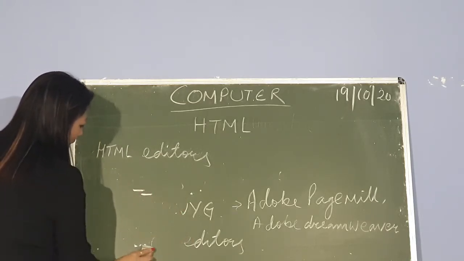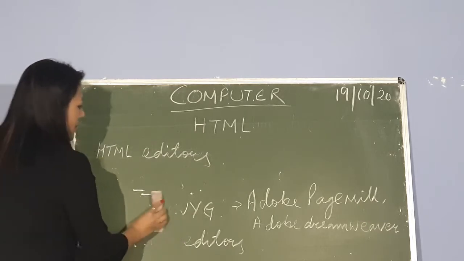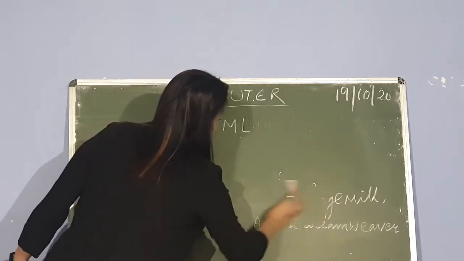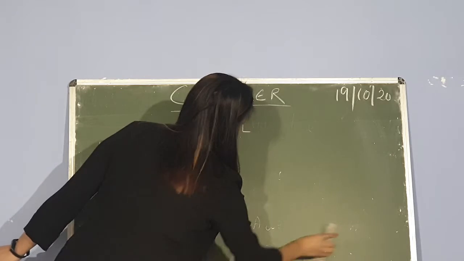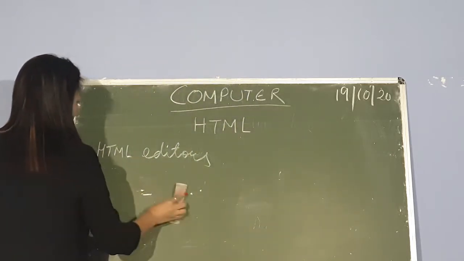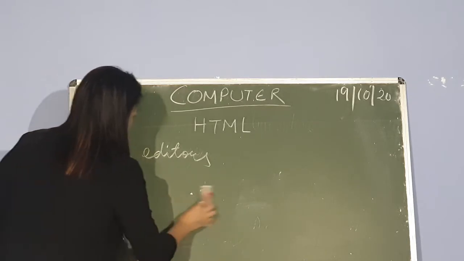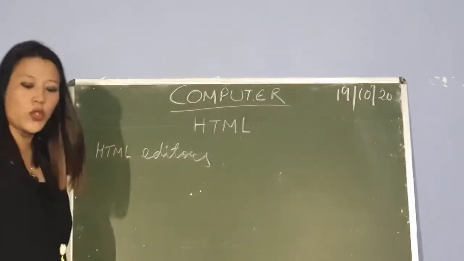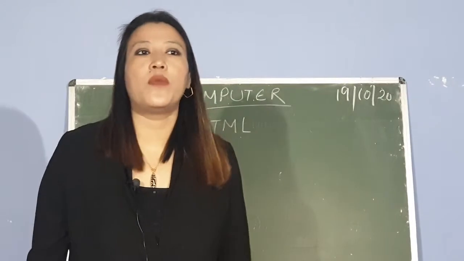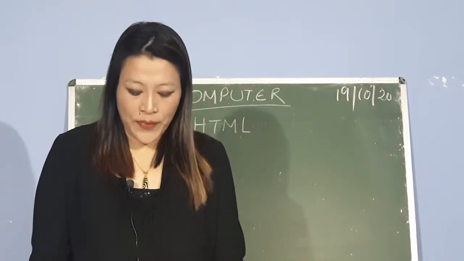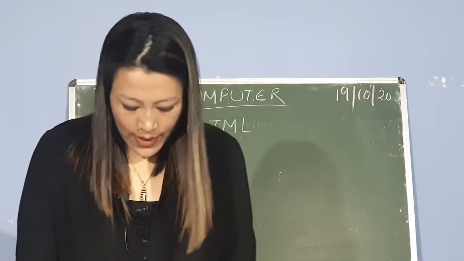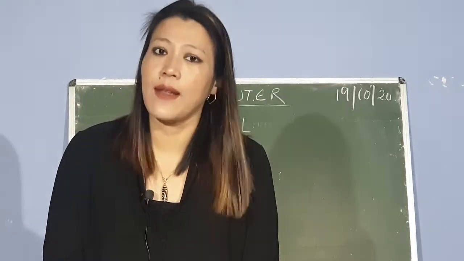You will get Notepad in Start, Programs, Accessories. Or you simply right click on your desktop and choose Notepad. Once you click on Notepad, the Notepad window will open. Then you will start writing HTML code.